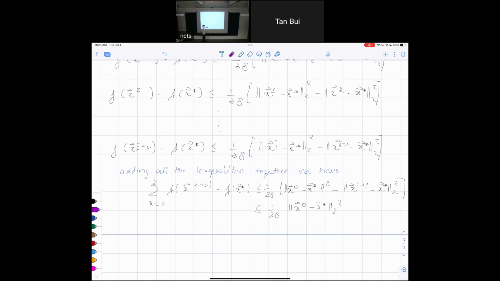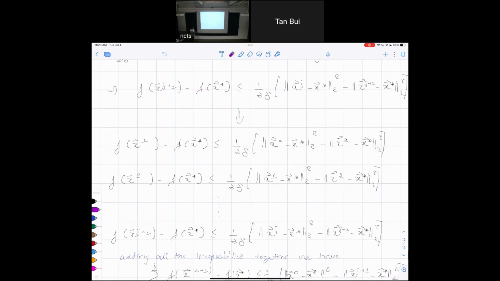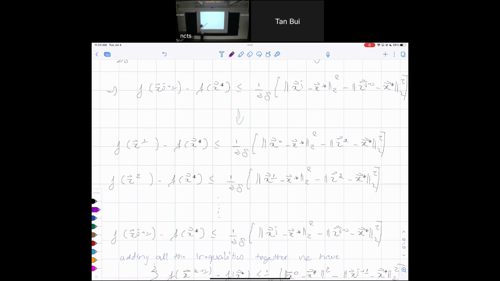Because the function decreases every iteration, the last term, f of xj minus f of x star, is the smallest compared to all these. f of x2 is less than f of x1, f of xj minus 1 is less than f of xj, and in turn each is less than the next. So this guy is the smallest. Everybody okay?